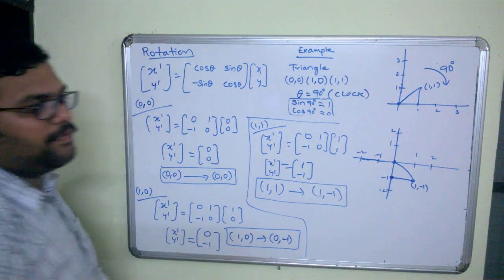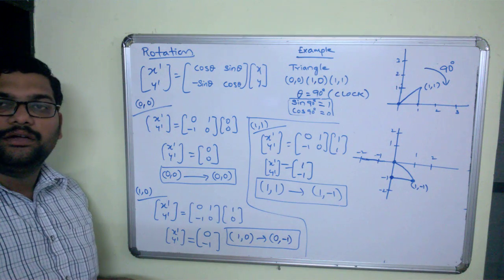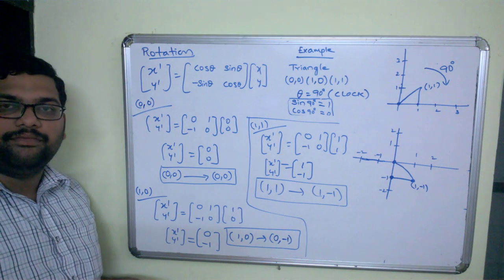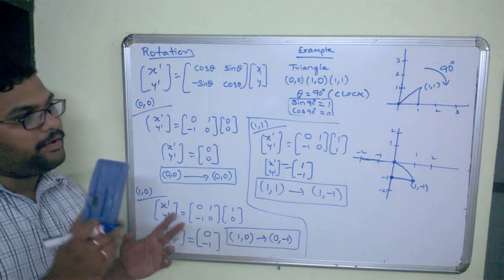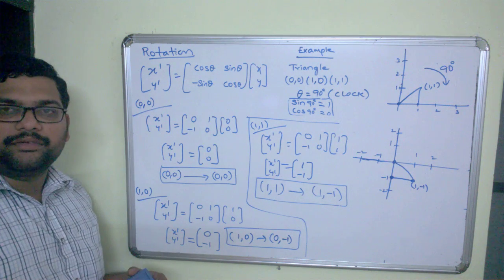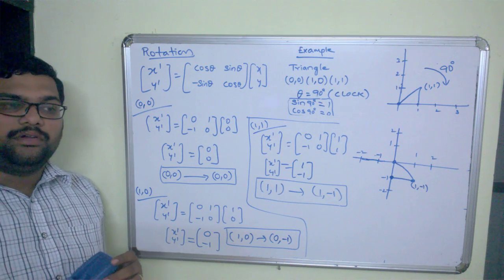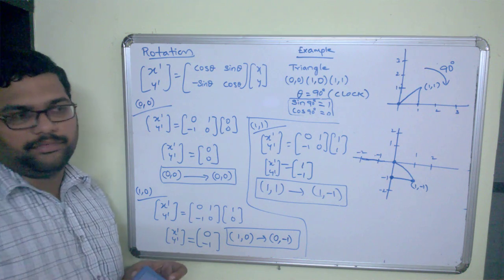So this is the process to calculate the new coordinates if we rotate a triangle 90 degrees in a clockwise direction. Hope you understood this rotation, and now let us move on to the scaling function.